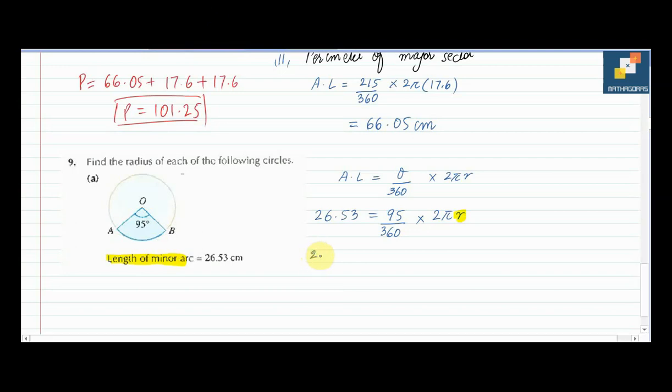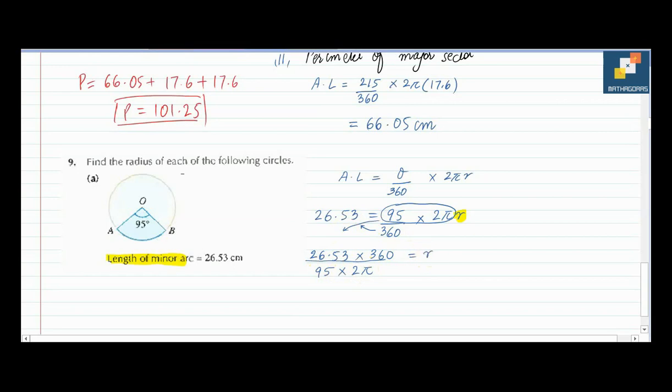So 26.53 on its side, 360 is dividing on the right side, so when you shift it, it will be multiplied with 26.53. This whole fraction, 95 and 2 pi, is basically multiplying with r. So when you shift it to the left side, it will be divided with 26.53. So it will be 26.53 multiplied by 360 divided by 95 multiplied by 2 pi is equal to the radius.